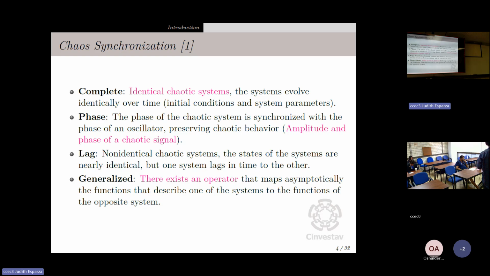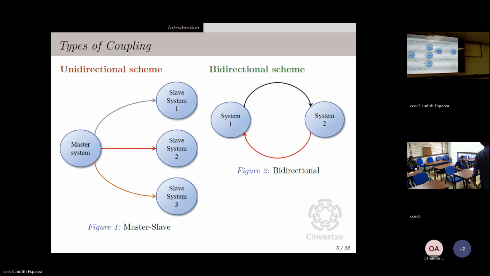And then, the fourth is generalized synchronization, the case of this study. In this case, we try to obtain an operator that maps the functions of one chaotic system to another chaotic system. When we talk about chaotic systems, we sometimes introduce a coupling. In this case, we have unidirectional and bidirectional coupling.